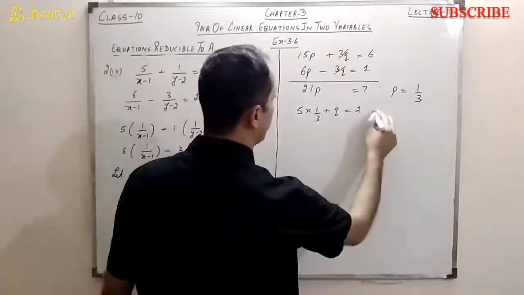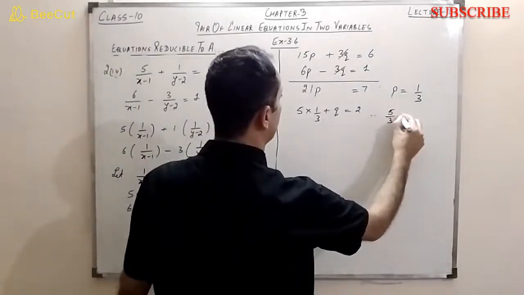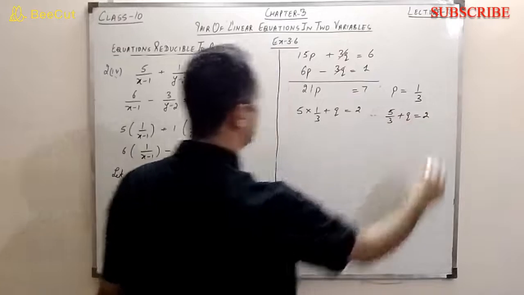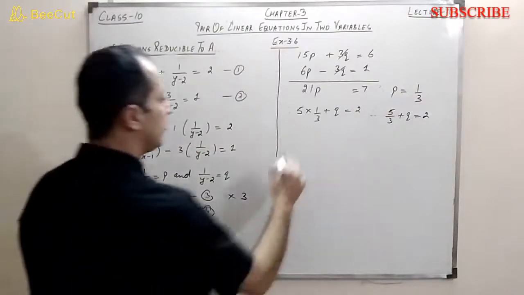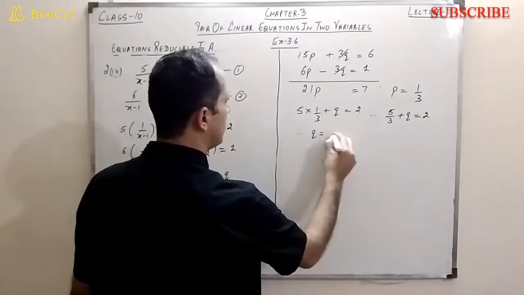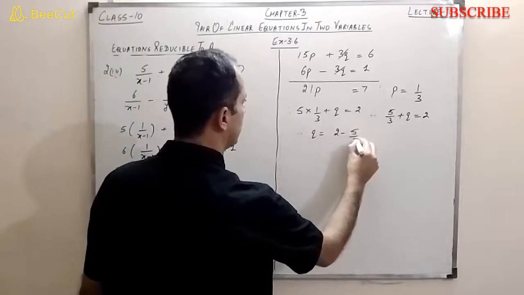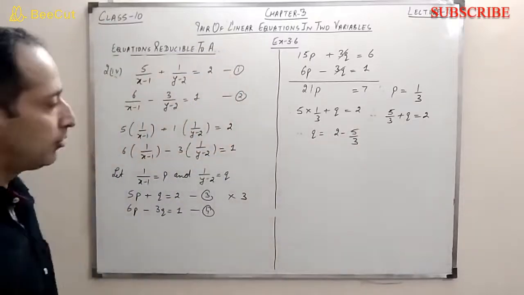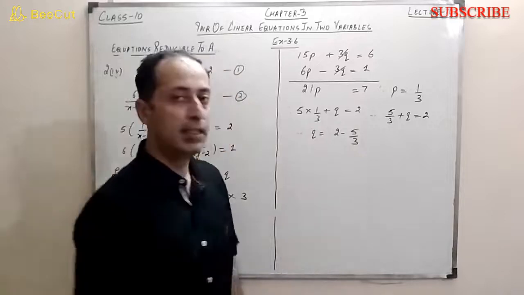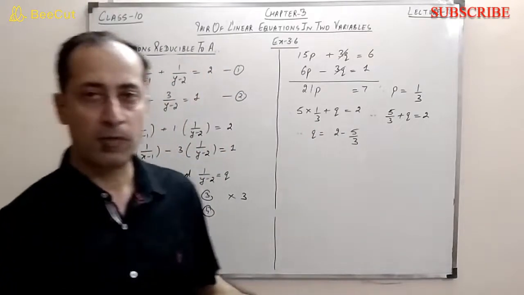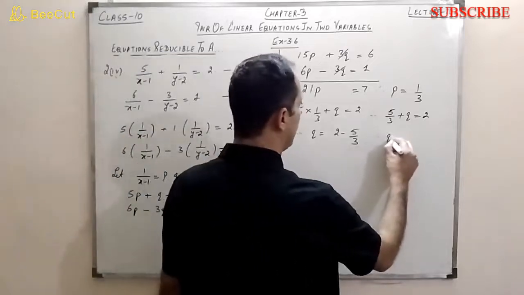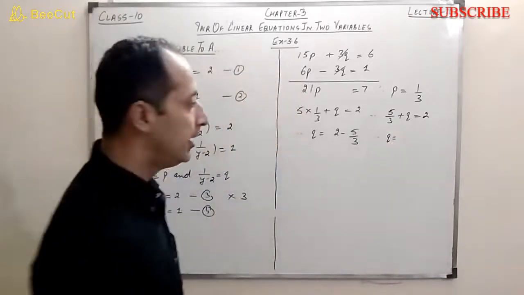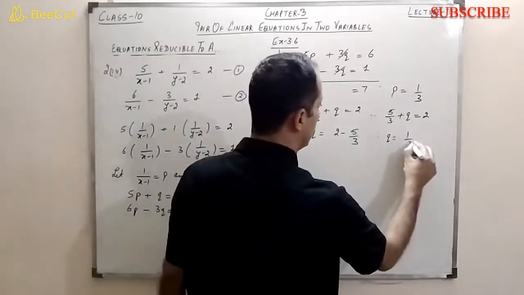So what I get is 5 by 3 plus q equals 2, therefore q is equal to 2 minus 5 by 3. Now, whenever there is a fraction in any of the numbers you are solving, you have to take the LCM, right? So we take the LCM, and after simplifying, you get q equals 1 by 3.